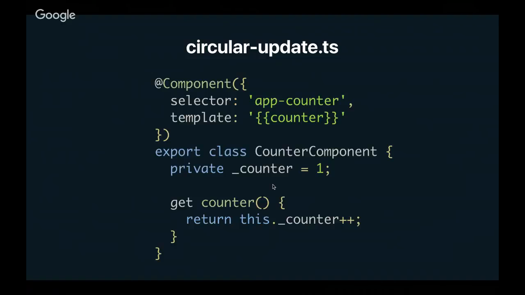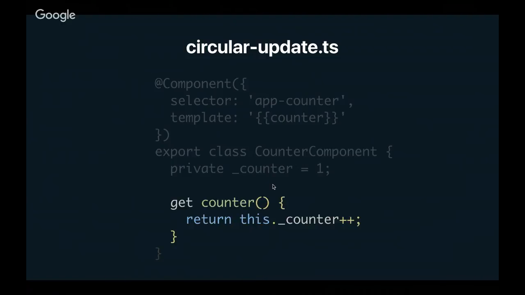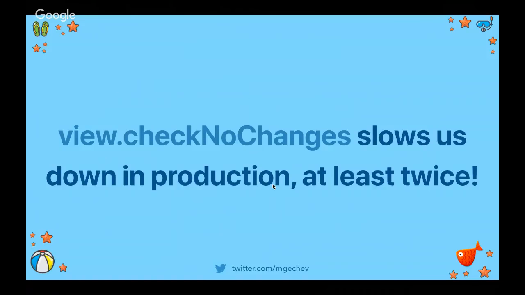So basically, we're never going to get a stable result, because the first time the application renders, we're going to get 1, and after that, counter is going to get incremented. The next time, we're going to get 2, and counter is going to get incremented again. So we're never going to get a stable result. And that's actually why checkNoChanges exists, in order to tell us while we're developing the application, well, sorry, but obviously you're doing something wrong.